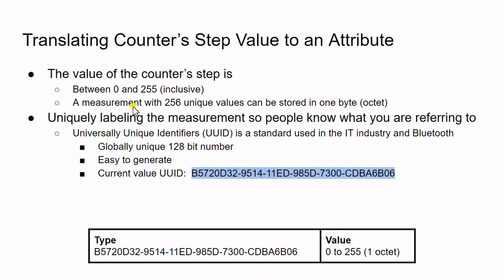Well, for the attribute in Bluetooth, first we can look at what the counter step is, and that's the counter step size as far as time, so how quickly the counter steps between values, from 1 to 2 to 3, and that time to do the step will be in seconds, and it can range from 0 to 255, so as fast as it can, to very, very slow inclusive. And that means that there are 256 unique values that can be stored.